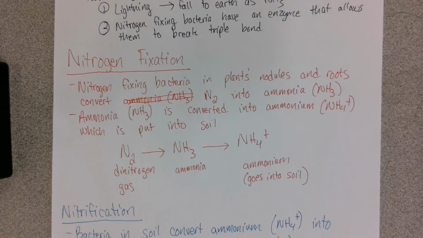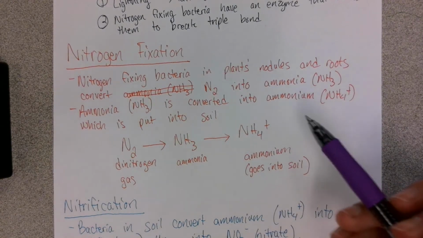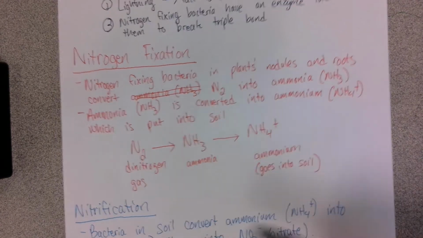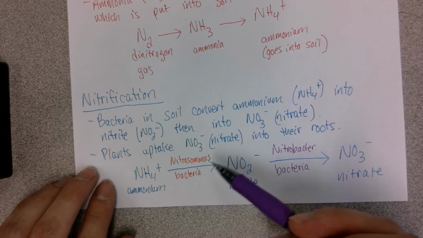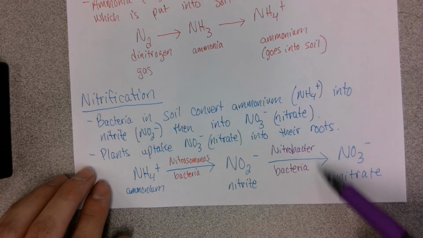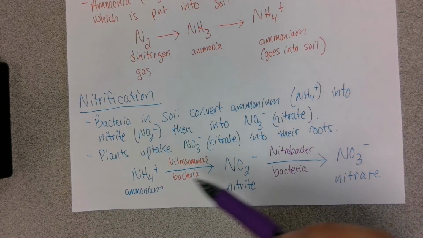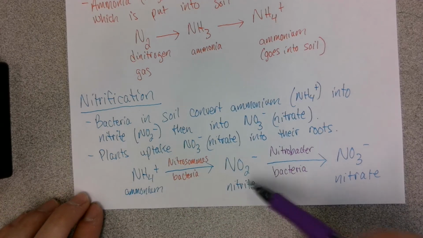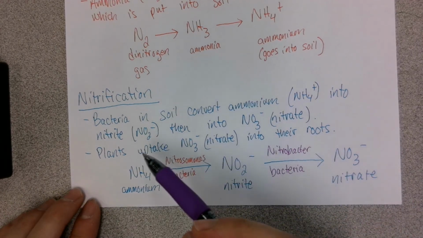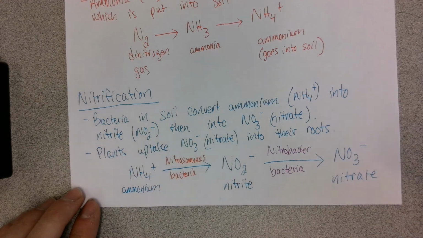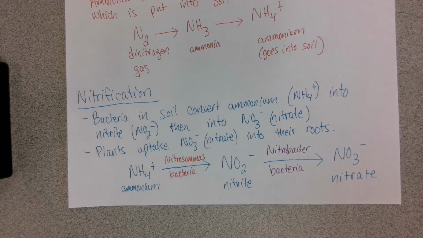Up here we have the nitrogen fixing bacteria that exist in plants, nodules, and roots. And down here we've got the Nitrosomonas bacteria and the Nitrobacter bacteria. Ammonium is converted into nitrite and then nitrate, and then plants will uptake the nitrate into their root system, which they then use as nutrients.